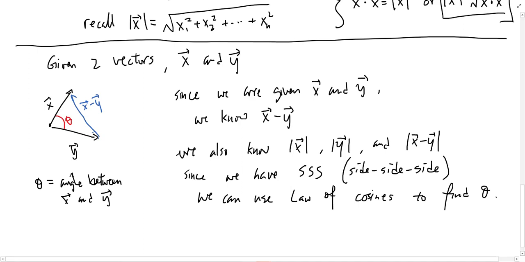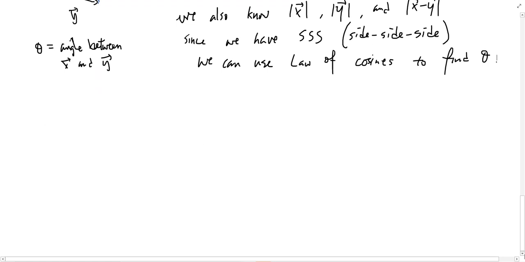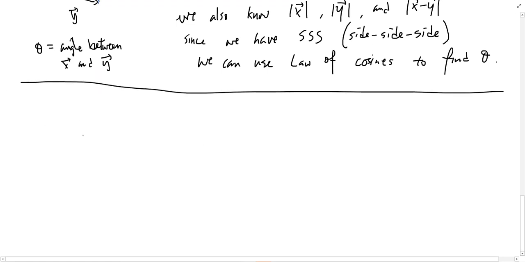The law of cosines is nothing more than a very simple formula, which states the following. In case you don't know what the law of cosines is, let me give you the essentials. Suppose you're given a triangle with three vertices A, B, and C, and the lengths of the three sides are a, b, and c.